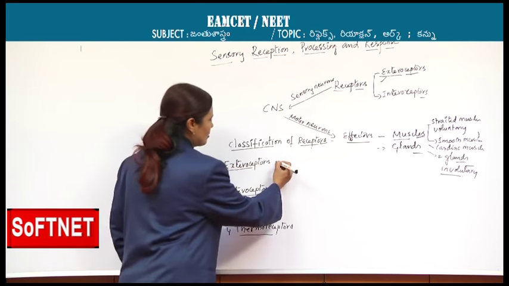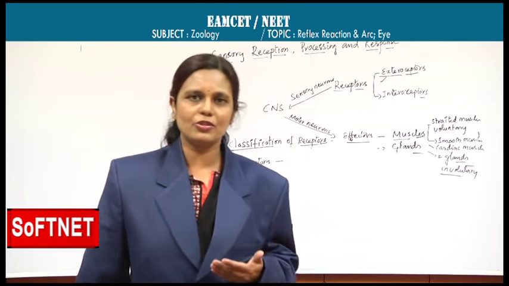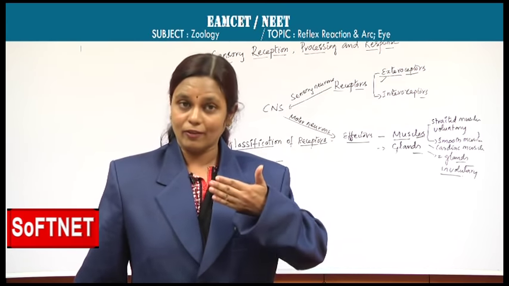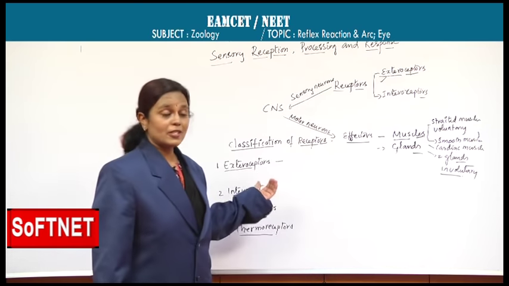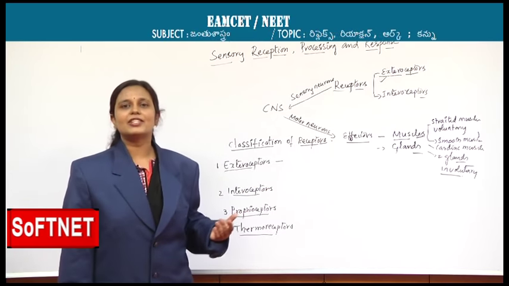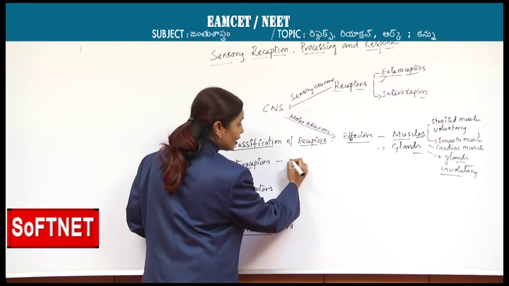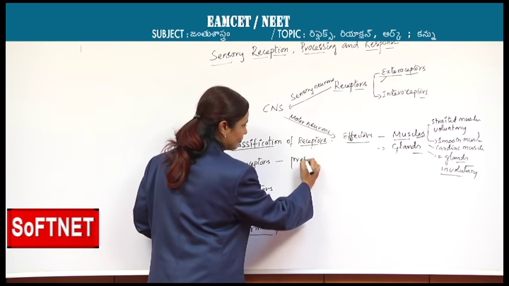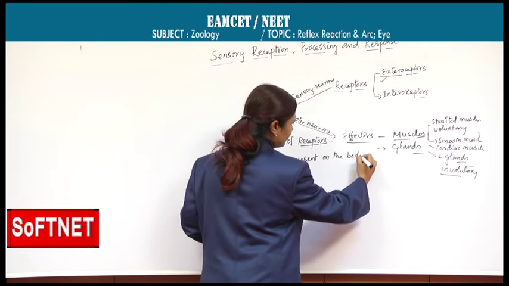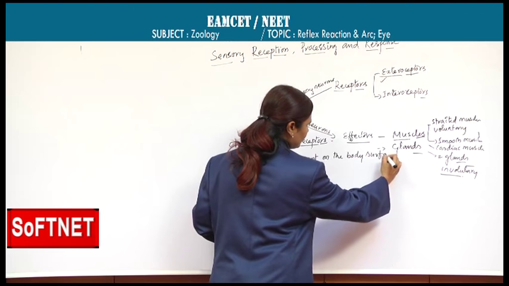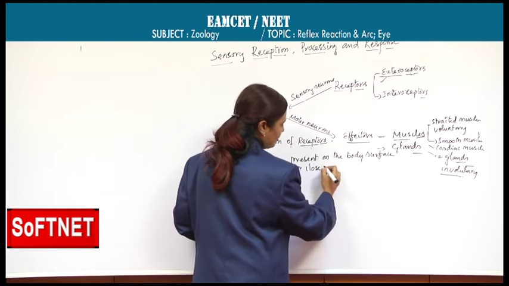But exteroceptors, why do you call them so? Because they lie very close to our body surface, on the body surface or close to the surface of the body, so they are specialized in receiving changes in the external environment.